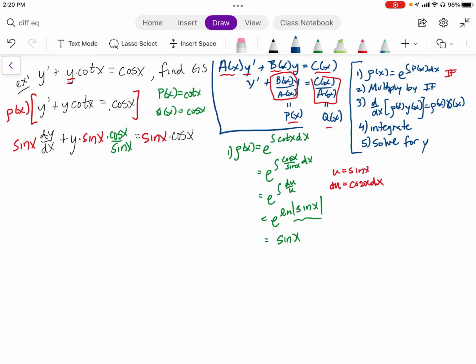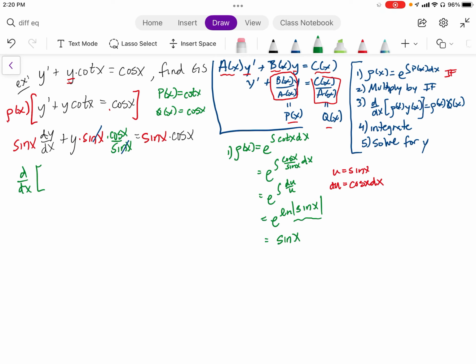Okay, so we could see here those cancel. So we have y cosine. Not that it even matters, because by default, step 3, and we could always verify, and there's a proof of this, but step 3 by default grants us the fact that we're going to have the derivative of rho times y of x.